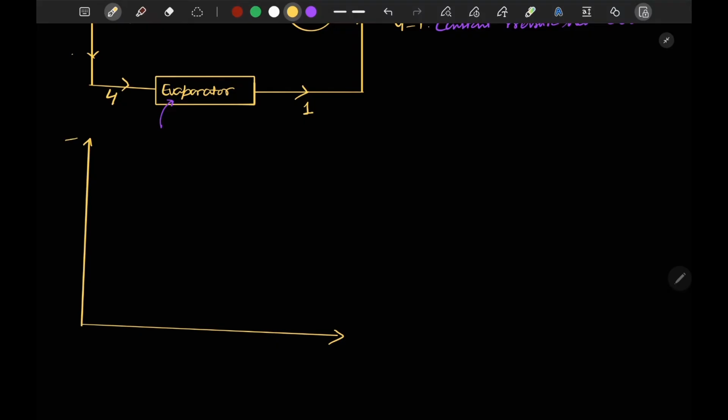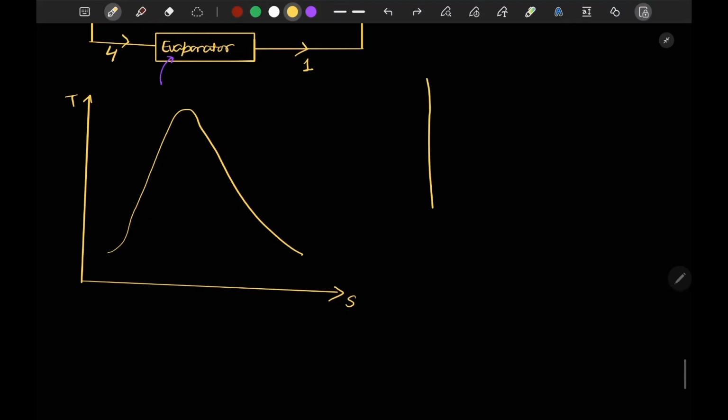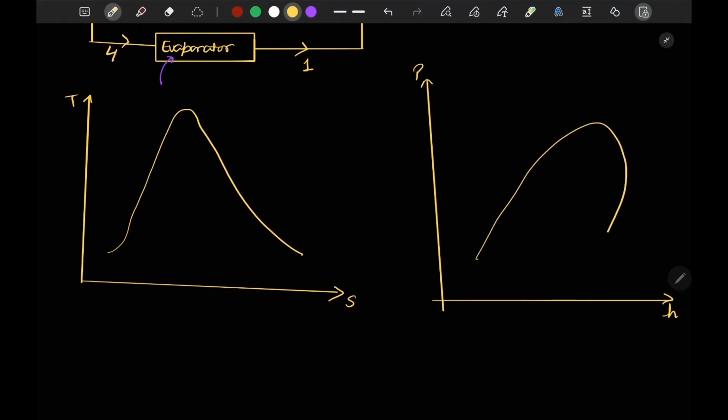So let's say this is our TS diagram, and this here is our saturation curve. Now let's say this is our PH diagram we will draw here, with H on one axis and P on the other, and this is our saturation curve here.